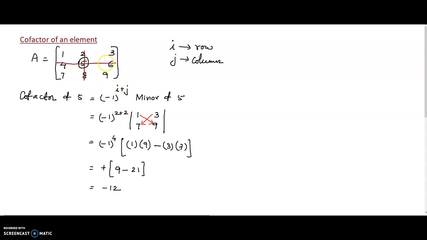Then you leave out the row and column where that 5 is present, and the remaining 4 elements in determinant form are called the minor. So you multiply the minor with minus 1 power i plus j, you get the cofactor. So the cofactor of 5 here is equal to minus 12. Similarly, you can find the cofactor of each and every element of your given matrix.